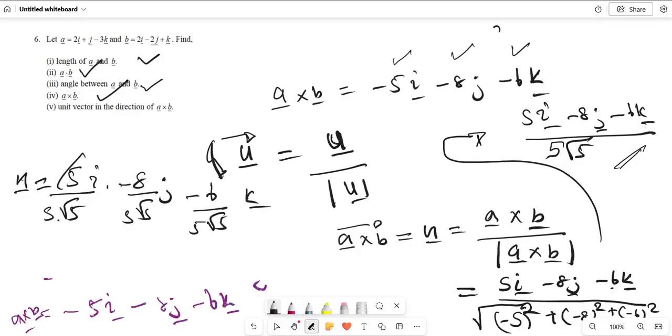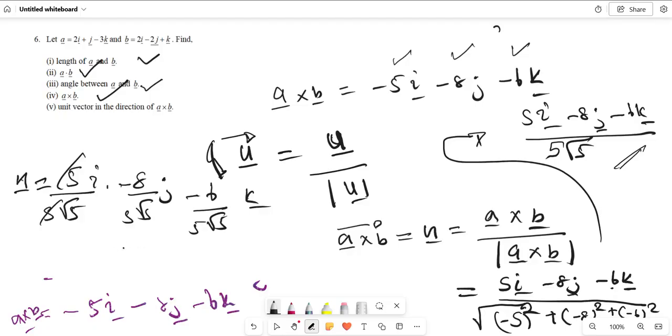Only the thing is, now this is getting cancelled, then 1 over root 5, and you can then rationalize the denominator. Okay, you can do it that way, denominator multiply by root 5 and numerator also multiply by root 5, and you can get like that.